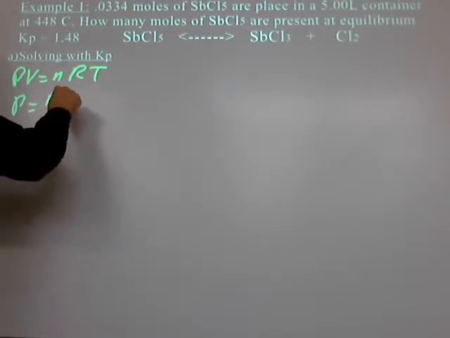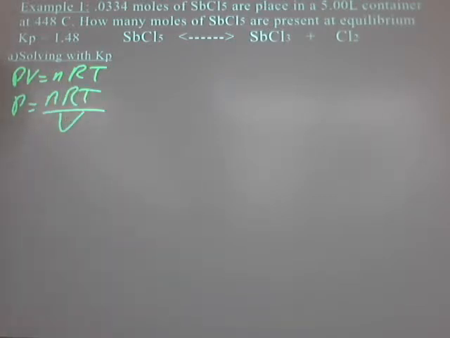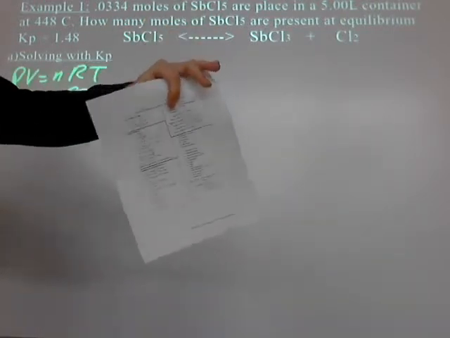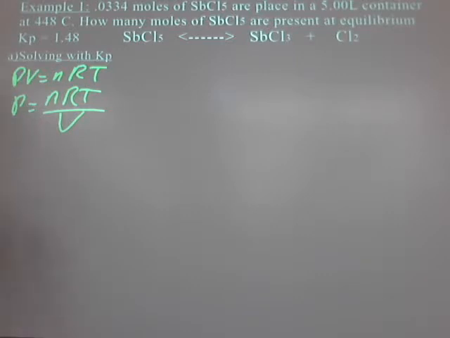P equals nRT over V. I have all these worked out, so don't worry about getting your calculator out, because I knew we wouldn't have a lot of time. Remember what R is. Anybody remember R? 0.0821 liter atmospheres per mole Kelvin. Very good. And if you didn't remember it, it's on here anyway, along with all the other constants.